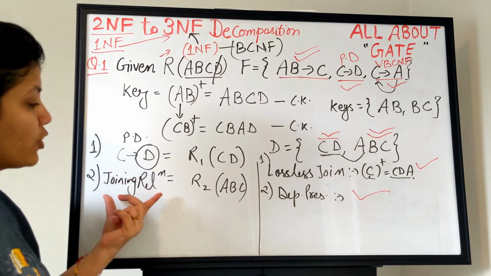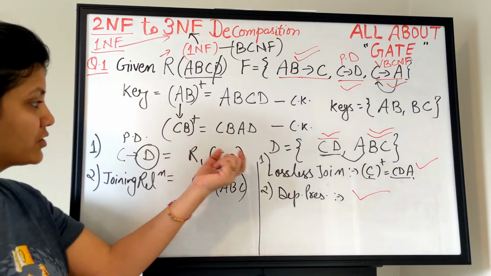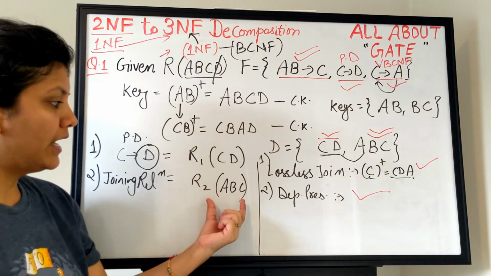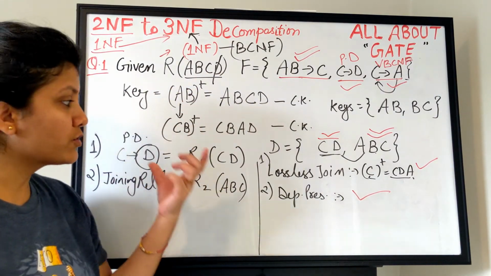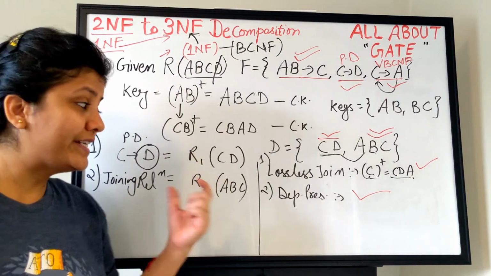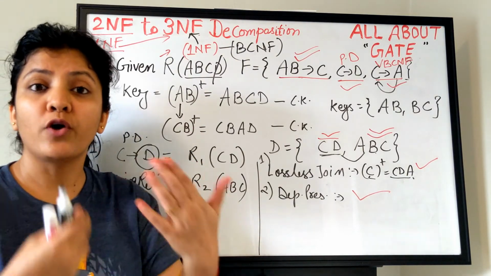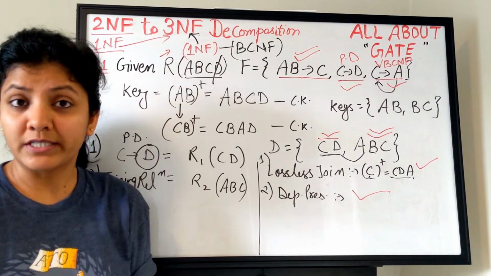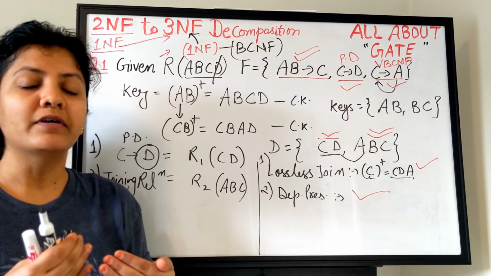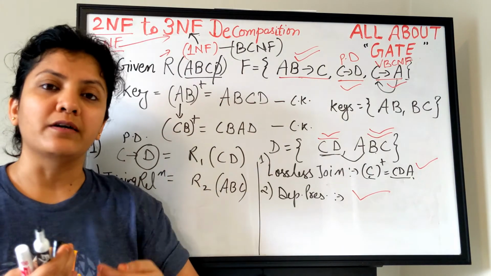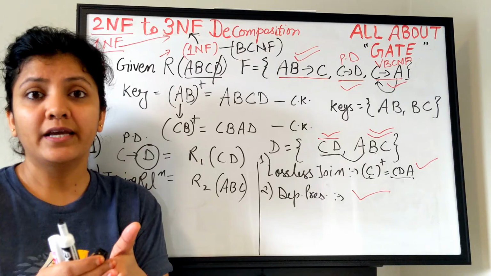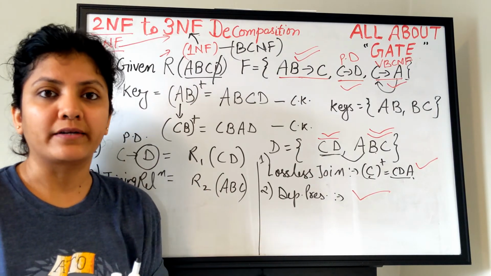And for the joining relation, take the dependents of the separate relations out from the original relation and keep the rest as the joining relation. It is needed because we want to make a join in future. We don't want a decomposition which is lossy in nature. Whenever a query comes where you have to make a join in your SQL query, you should be able to do that.